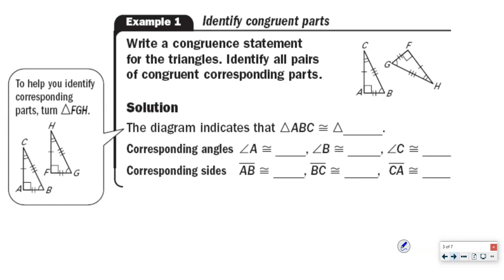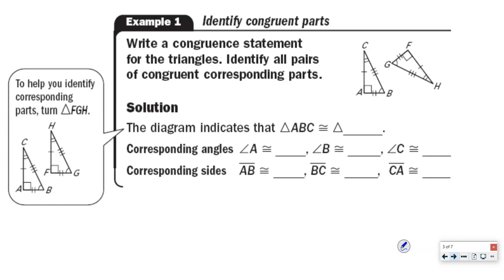So this little blurb off to the side is giving you a hint. You can redraw the triangles so that they're in the same position to help you identify those corresponding parts a little bit easier. So you can see that they turned the triangle GFH so that that right angle was in the bottom left, just like ABC.